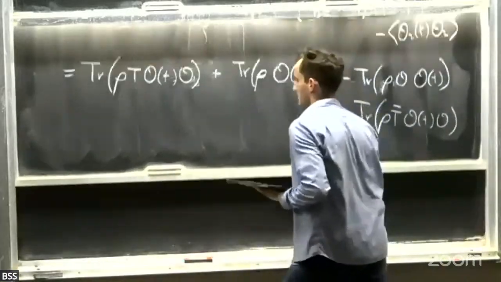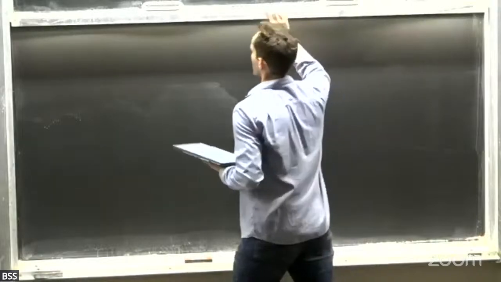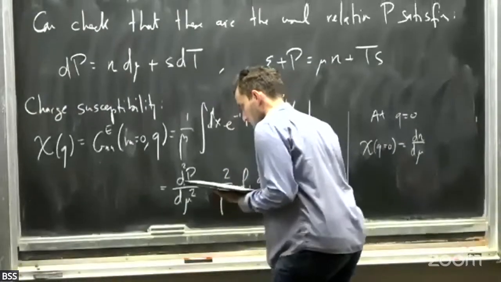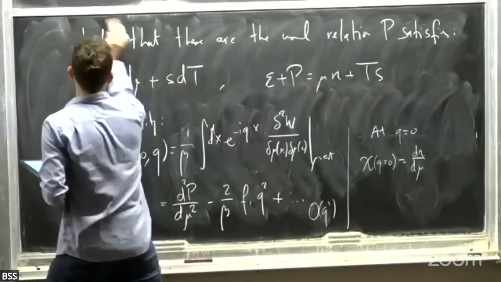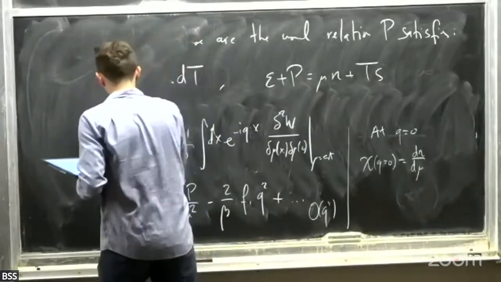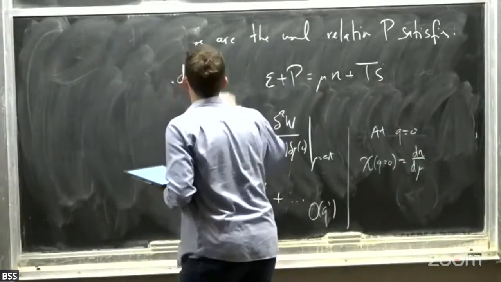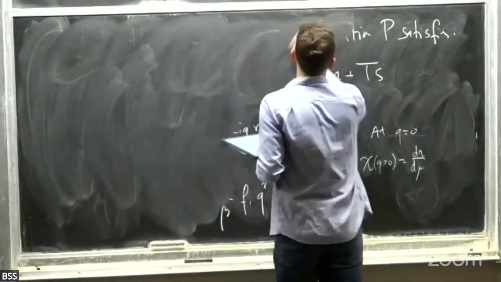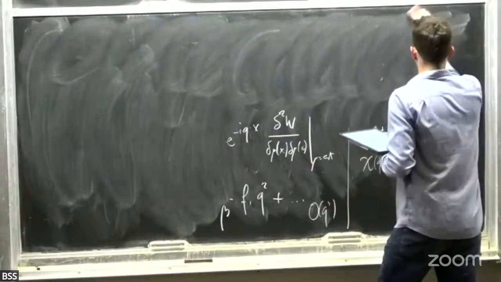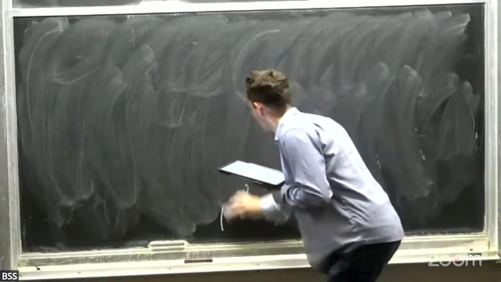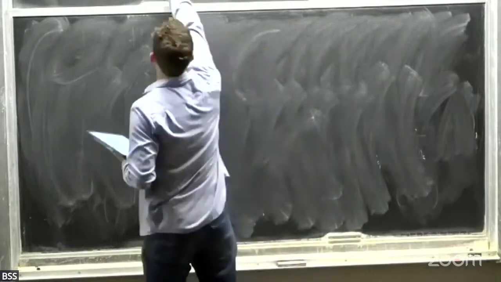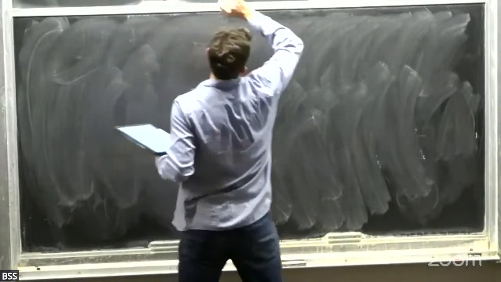The object here, depending on whether t is positive or negative, will look different. If t is positive, then this time ordering does nothing, since it's already time ordered.